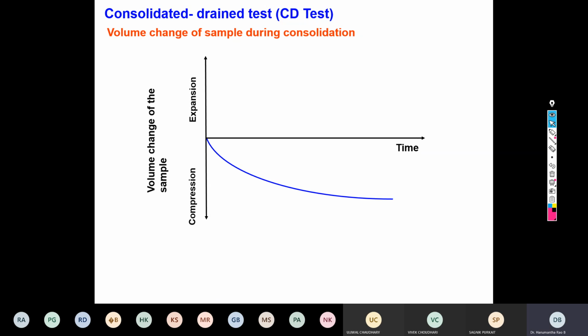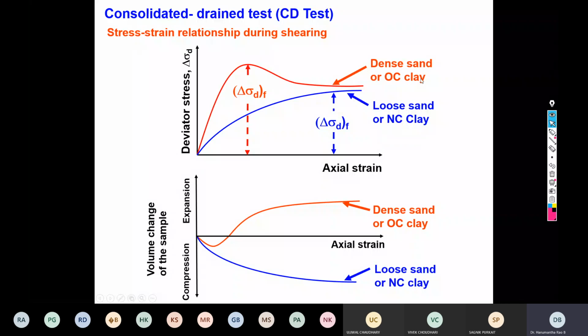Suppose you look at the volume change of the sample, there was a complete consolidation with time. Consider loose sand or normally consolidated clay, or dense sand or over consolidated clay.